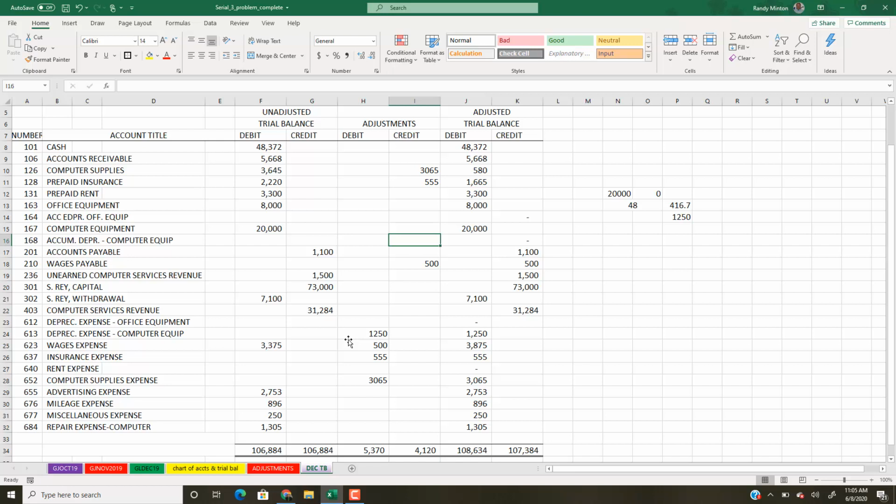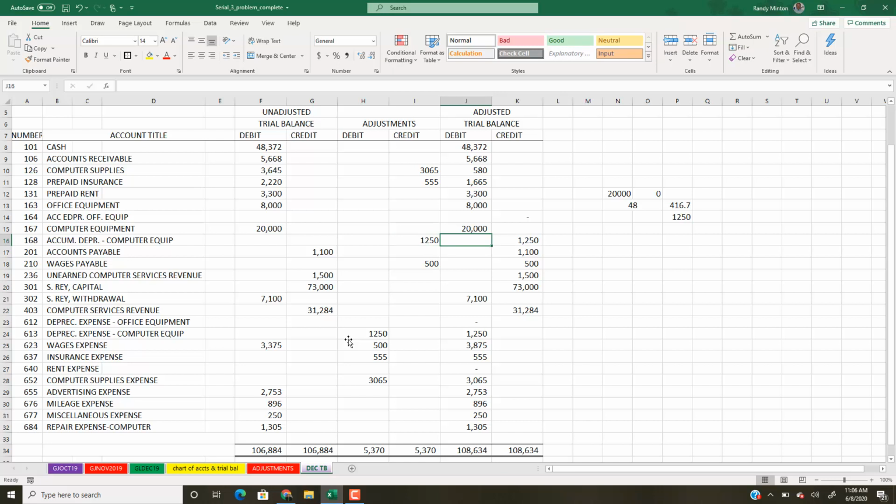In this case, the accumulated depreciation of 416.75, I'm assuming, per month. We're going to look at that over a 3-month period, and then we're going to add it to accumulated depreciation, which is a contra asset. That means it goes against or offsets the asset, computer equipment.